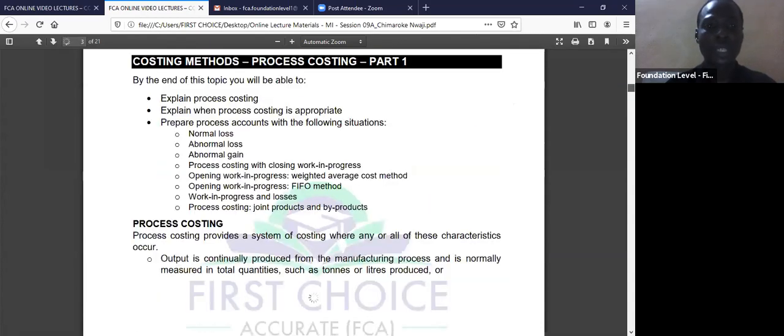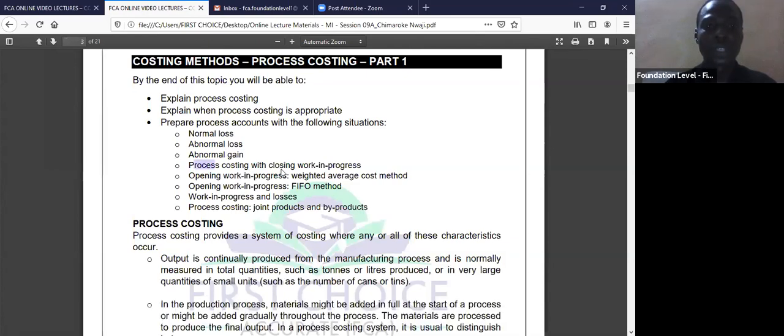So we're going to see process costing with closing work in progress, opening work in progress. Then you're going to be seeing the weighted average cost method, the FIFO method, work in progress and losses, joint product and byproduct. So that will be the end of process costing.